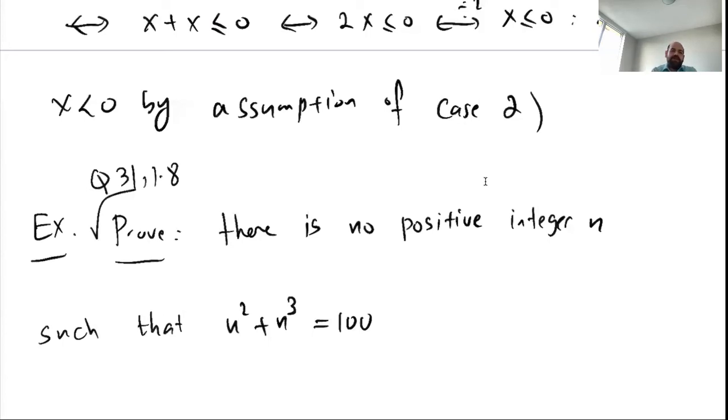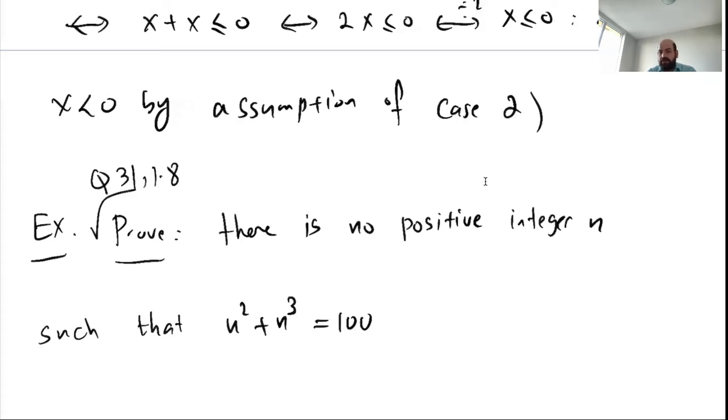Well, let's think about positive integers n. For example, 1, 2, 3, 4, right? For most of them, n squared plus n cubed will become a big number. For example, even if n is 5, 5 cubed is already 125, plus 5 squared, 25, for sure bigger than 100.